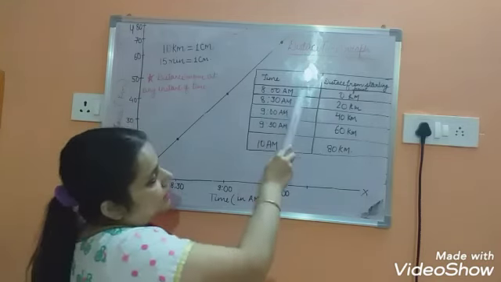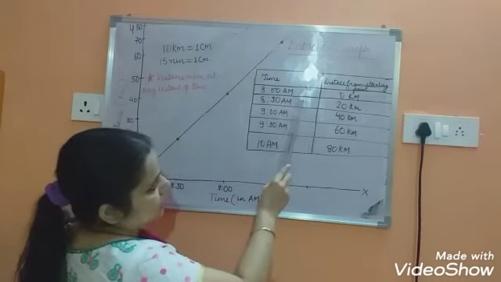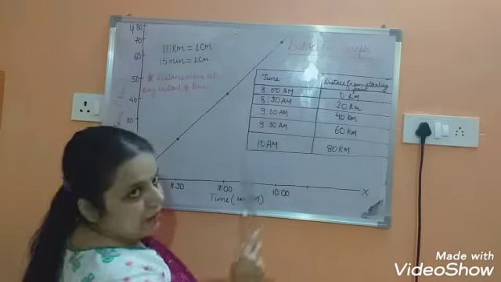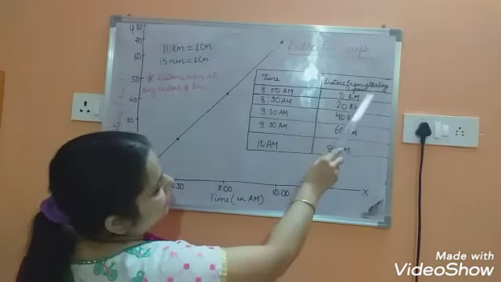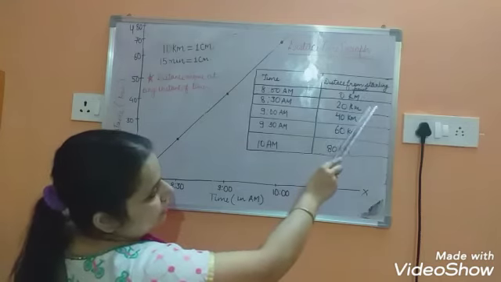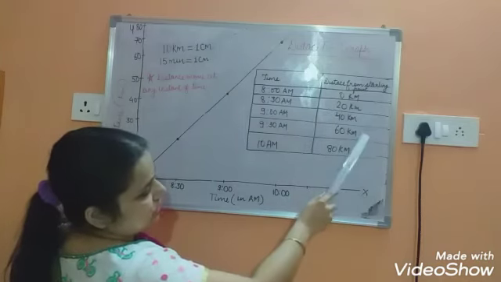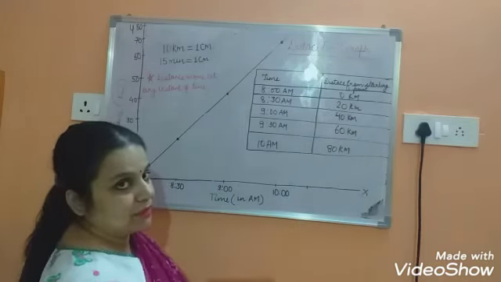So from this table you can see the difference between the times is about half an hour. And what is the difference between the distances? 0 to 20, 20 kilometers; 20 to 40, 20 kilometers; 40 to 60, 20; 60 to 80, 20 kilometers.